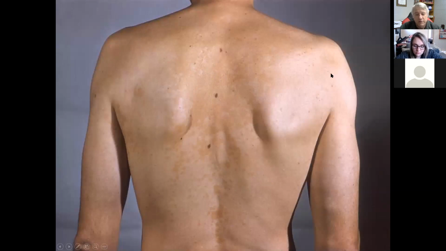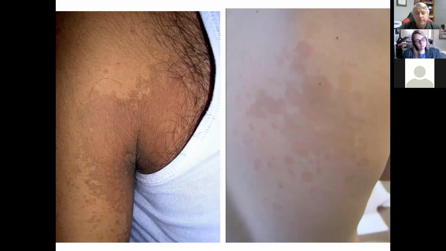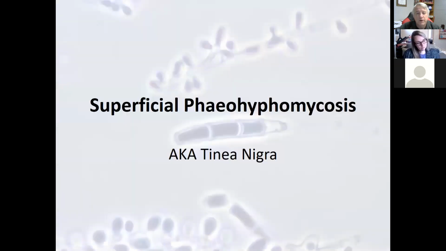Somebody might say, oh, it looks like you're getting a good tan, right? But no, you have a yeast infection. Closer up view of it. Black and white version. Again, still lighter-skinned individuals giving a darker appearance. And sorry, I didn't have a picture of a dark-skinned individual with the lighter appearance.